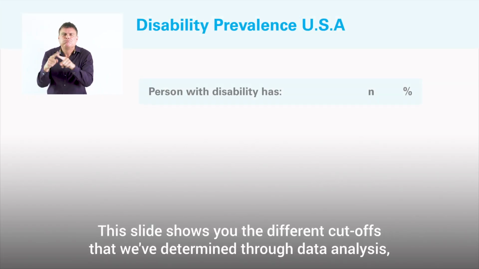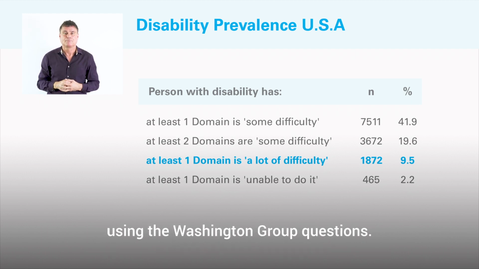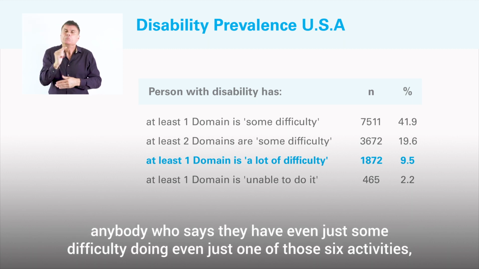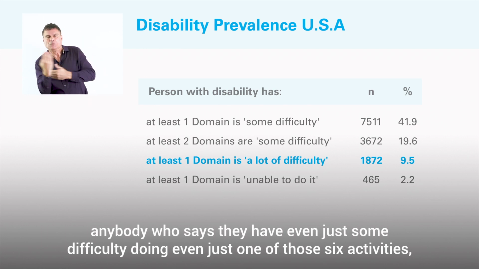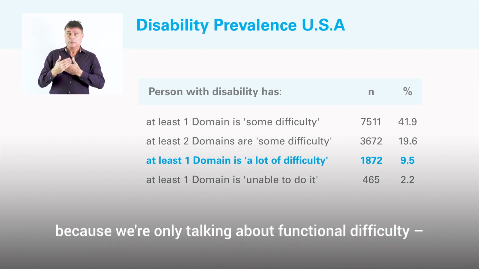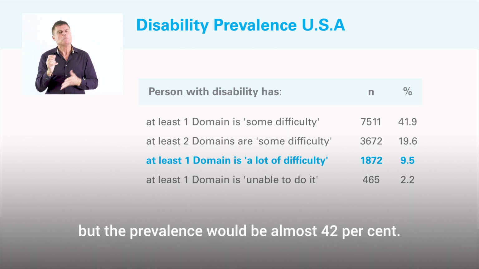This slide shows you the different cutoffs that we've determined through data analysis using the Washington Group questions. If we include in our definition of people with disabilities anybody who says they have even just some difficulty doing even just one of those 6 activities, then the prevalence of disability in the United States, and I'm going to say disability in air quotes because we're only talking about functional difficulty, would be almost 42%.